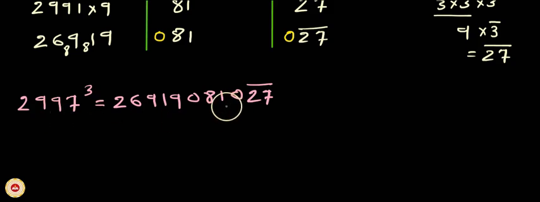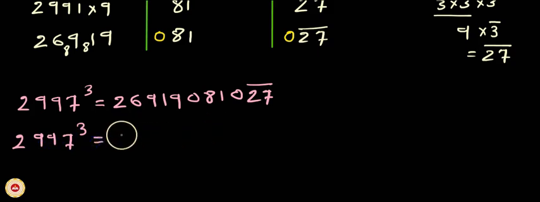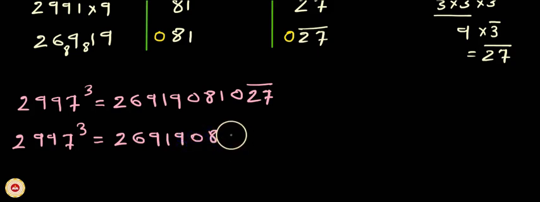So in this example also our answer is in the form of a vinculum number. Okay, so let us convert it into a normal number. 2997 cube equal to, so 269198, correct? Let us write these digits up to 8 as it is.